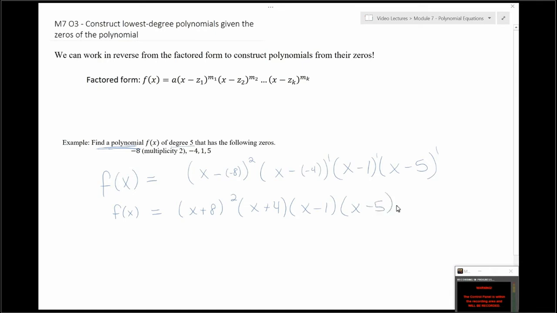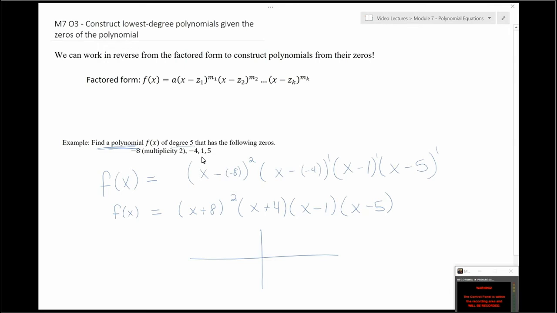and x minus 5. Now, since this function, we can graph a lot of it from this factored form, we won't normally need to multiply it all out to put it into general form. But let's just practice graphing these functions based on this polynomial that we've constructed.